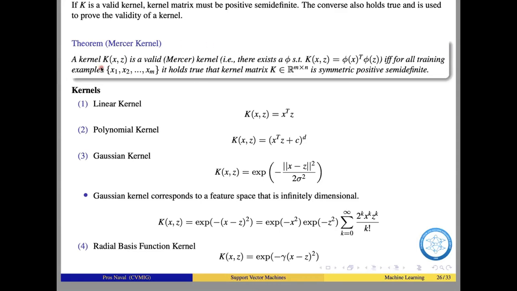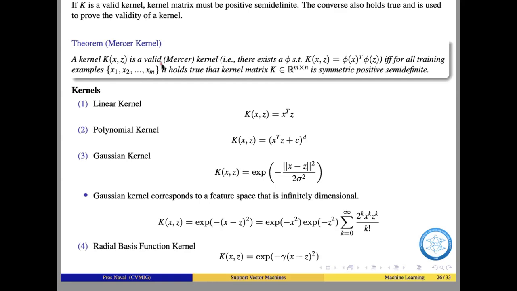So the kernel K is a valid or a Mercer kernel, that is, there exists a mapping phi such that the kernel is equal to phi of x transpose phi of z, if and only if for all training examples it holds true that the kernel matrix is symmetric, positive, semi-definite.